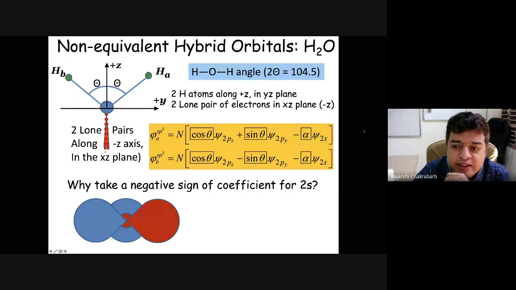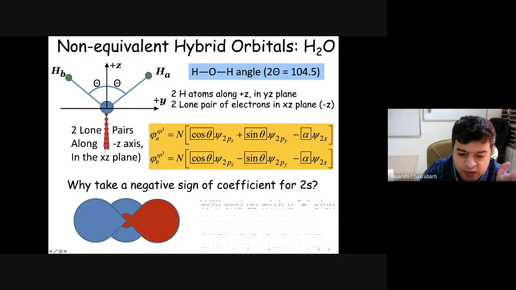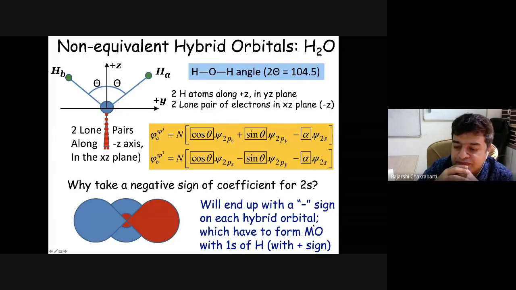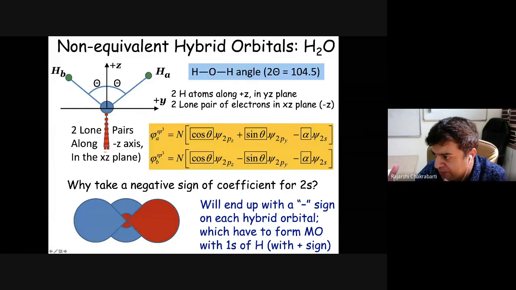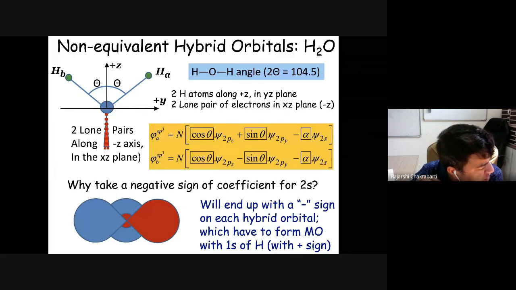To ensure that, I have taken this to be minus. You can go and check yourself. If you take plus, then what is going to happen? Then we'll end up with a negative sign on each hybrid orbital, which has to form an MO with 1s of H with plus sign, which will be anti-bonding kind of thing. We want bonding. Is it okay to all of you, Anish and others?